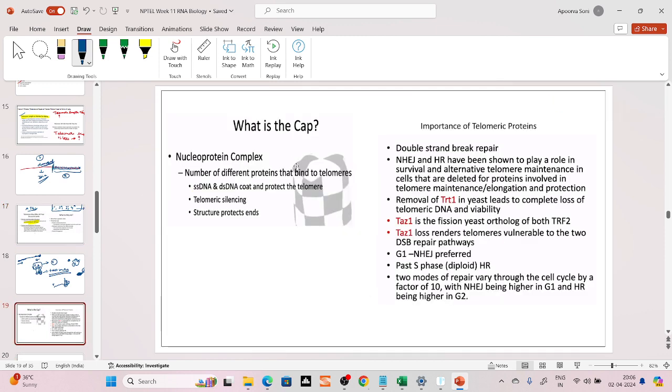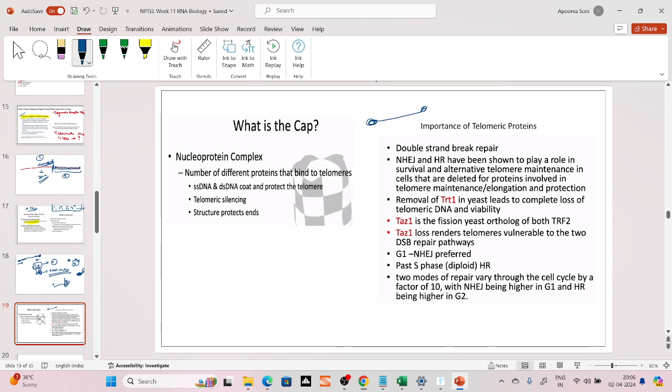Now, what is the cap? In the end, it is a kind of a cap, and this is nothing but a nucleoprotein complex. We already talked about the number of different proteins that can bind to telomeres. Single-stranded and double-stranded DNA binding proteins coat and protect the telomeres.